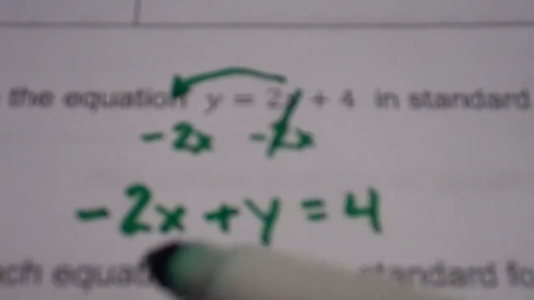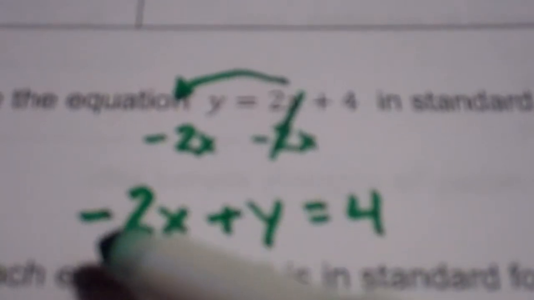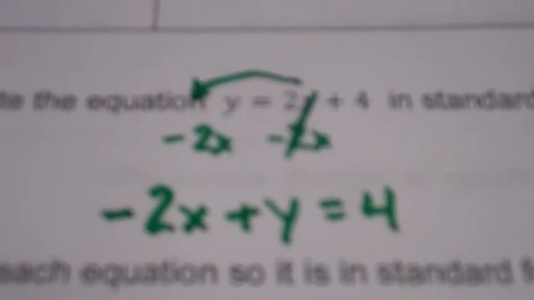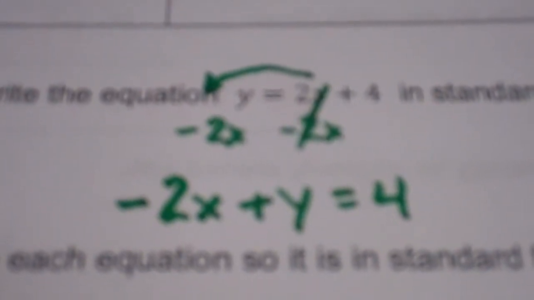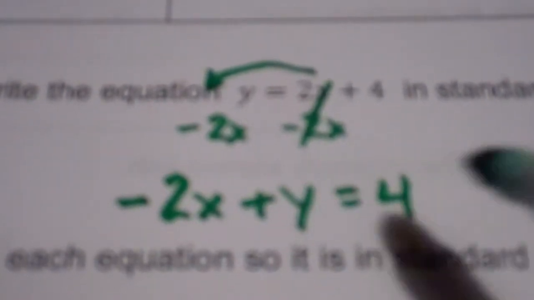Now in some cases they like the x term to be positive, but we're going to let you leave it negative for these examples today. And how would you get that positive? Well, think about it. Yep, you'd have to multiply everything by a negative.